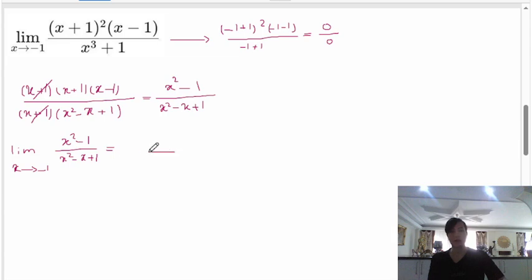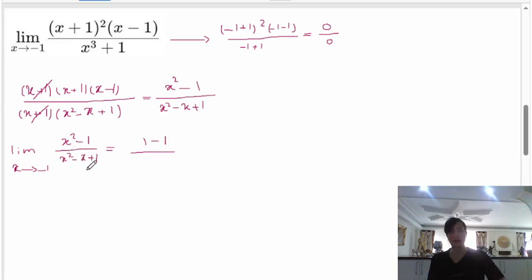So I see if I substitute -1 for the numerator and denominator, I will have 1. (-1) to the power of 2 gives me 1, minus 1.